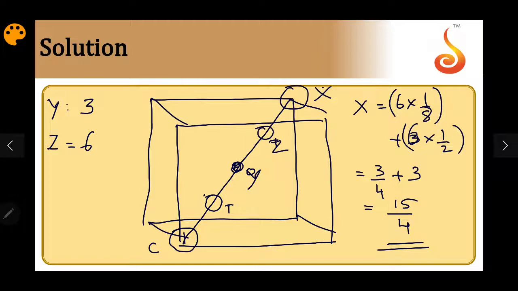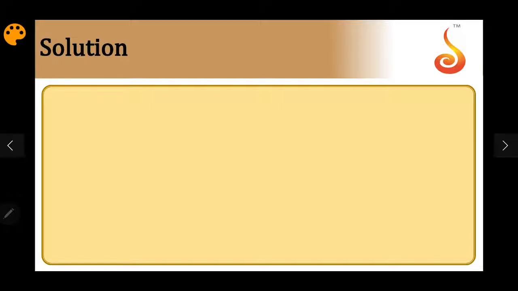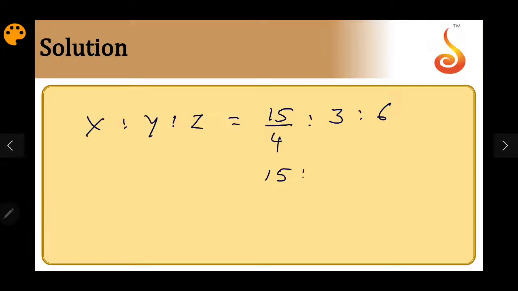So if I take the ratio, X is to Y is to Z equals 15 by 4 is to 3 is to 6. If you multiply by 4, I get 15 is to 12 is to 24.